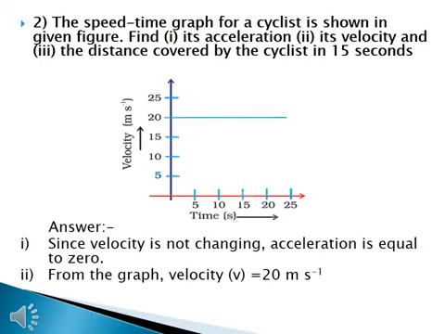First one, when its velocity is not changing, acceleration is equal to 0. We know that acceleration is produced by either change in magnitude or direction of velocity or both. Second one, from this graph, it is seen that the velocity is a constant value. So we can say the velocity is 20 meter per second.